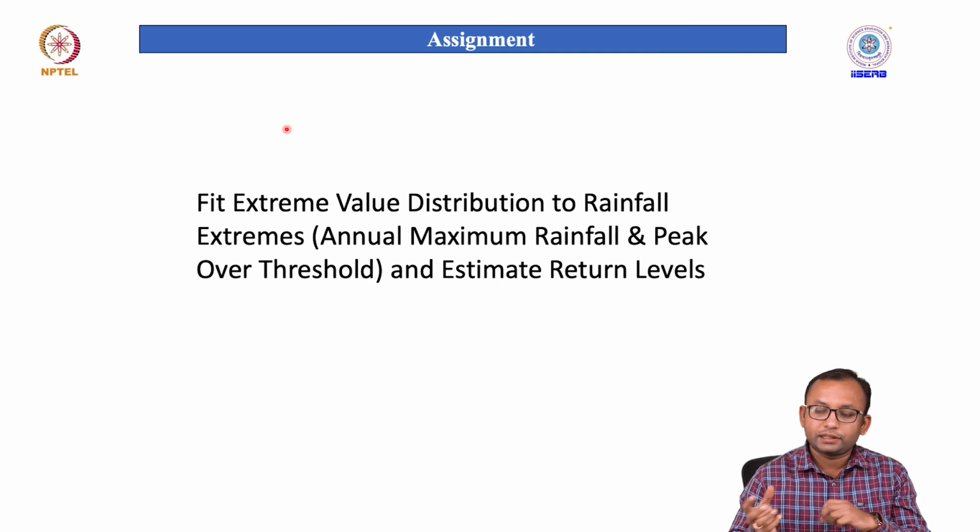Based on whatever we have discussed so far in week 4, we can take a rainfall data set and find rainfall extremes using the annual maxima, block maxima approach, or peak over threshold.